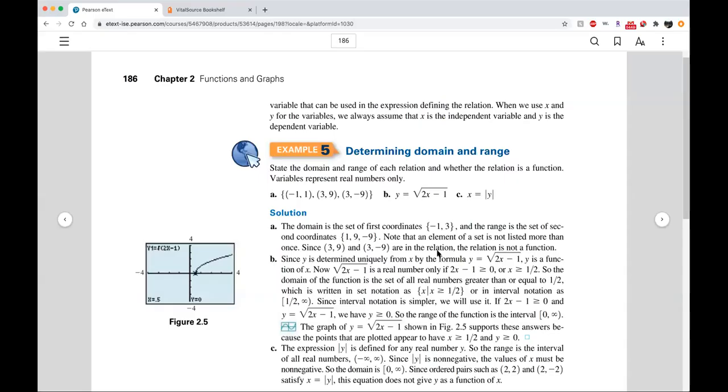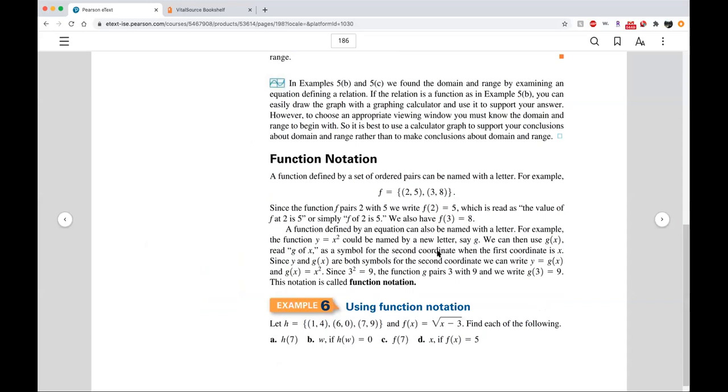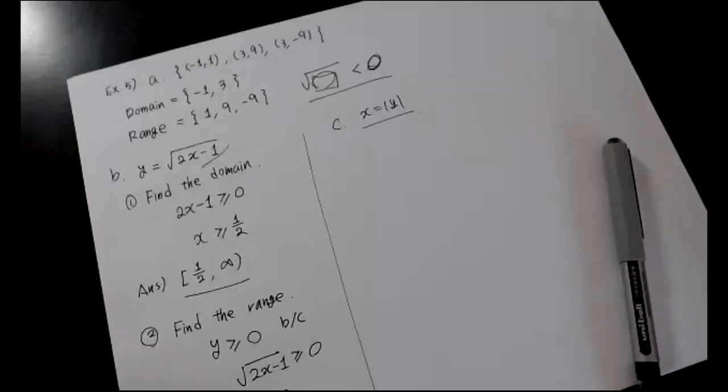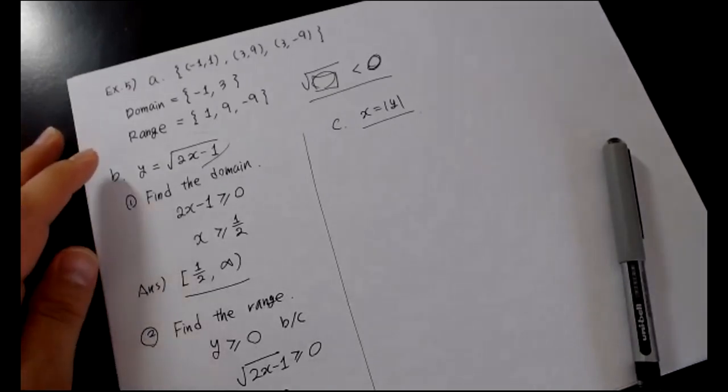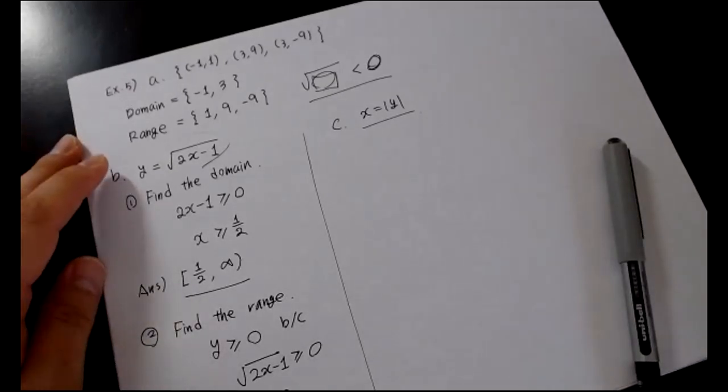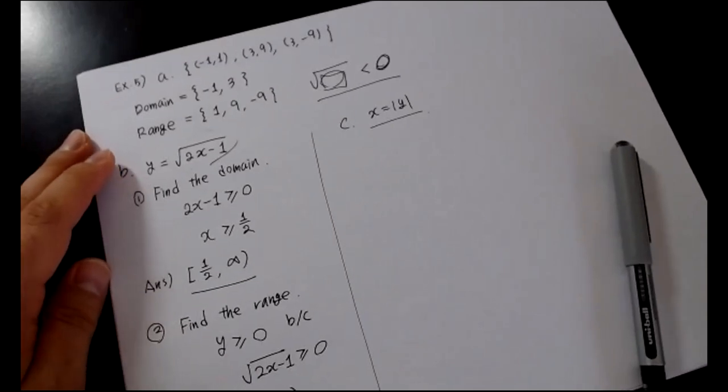And now the next example: function notation. I'm going to explain function notation. Let me explain function notation. We go to the slide.